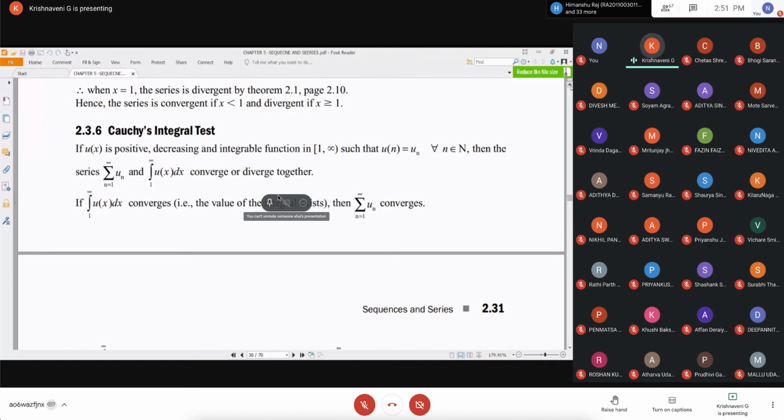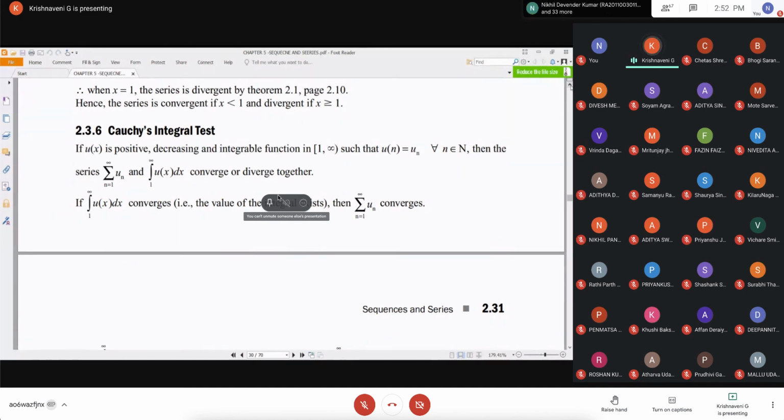If u of x is a positive, decreasing, integrable function in 1 comma infinity such that u of n is equal to un for all n belongs to N, then the series summation un and integral 1 to infinity u of x dx converge or diverge together.